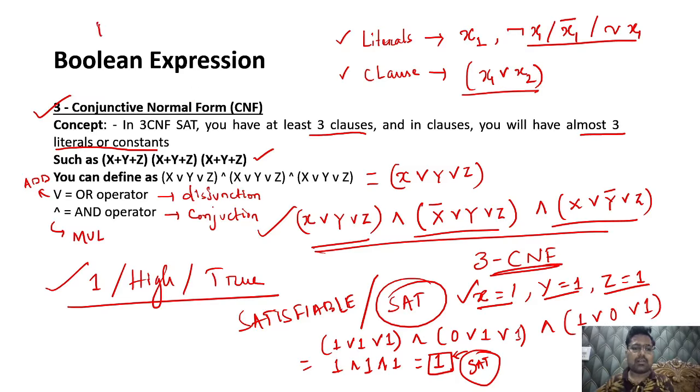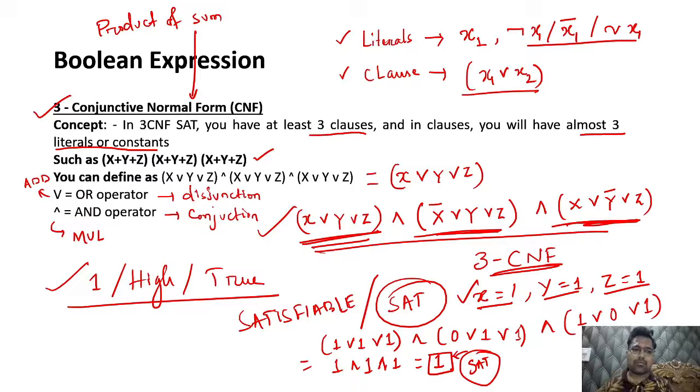I'm just writing it. Product of sum. This is a sum, meaning addition operation we are using, and this is a product for us, and all the addition expressions are getting multiplied. That's why it is product of sum.